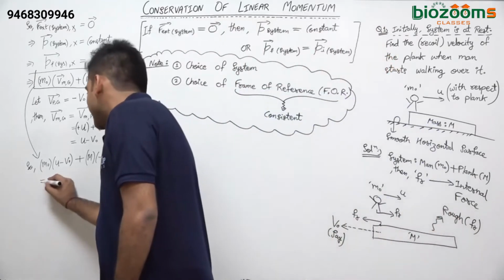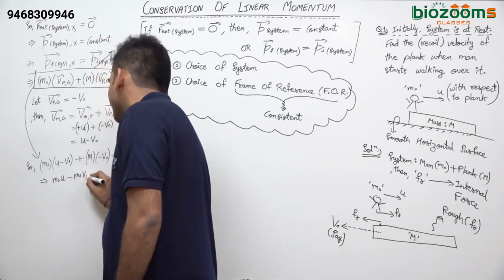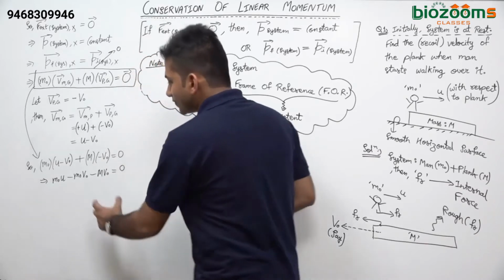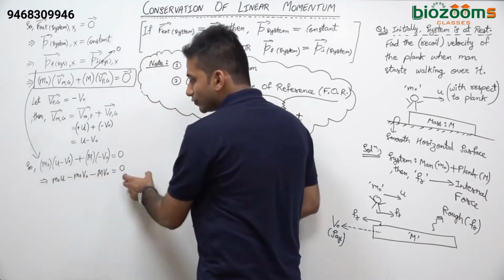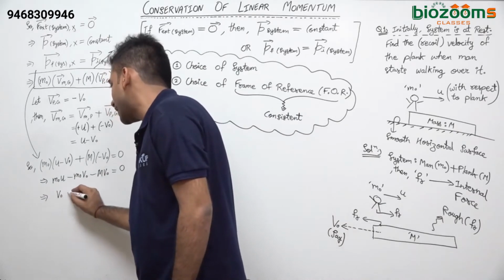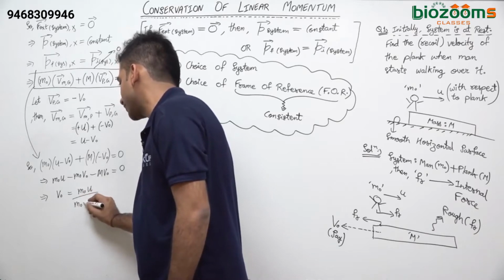Then in that case, can we simplify it this way? m naught u minus m naught v naught minus M v naught, that must be equal to 0. So you can shift these v naught terms over that side, so both of them will become positive. So you will get the value of v naught as m naught u over m naught plus capital M.